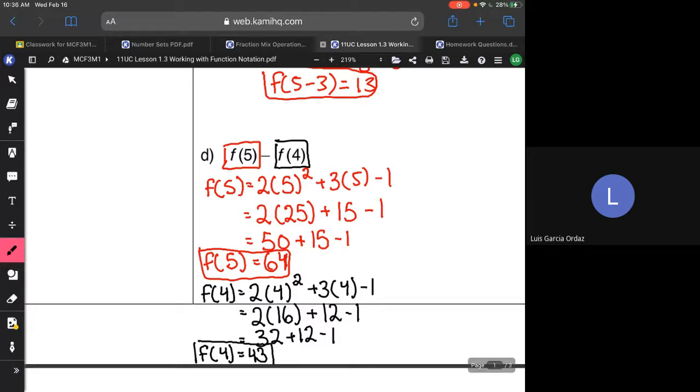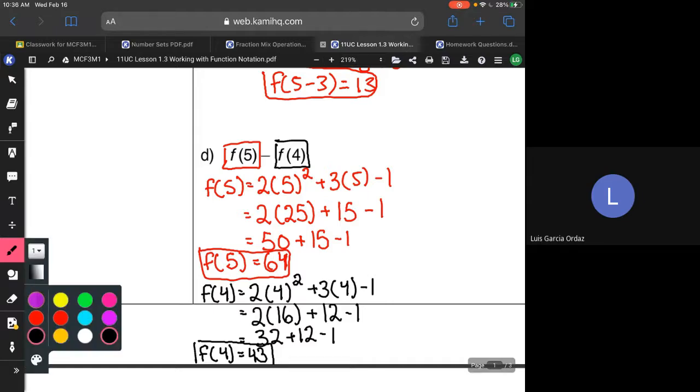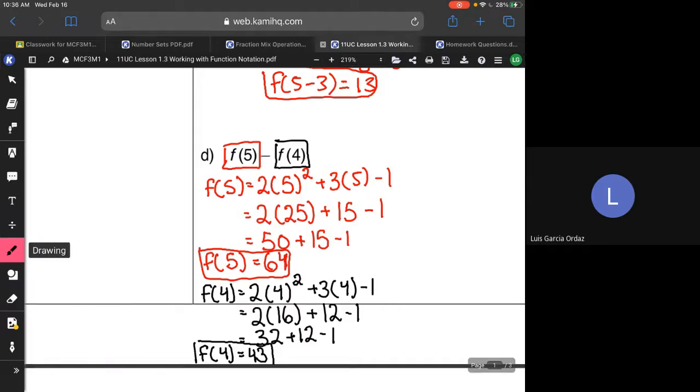Did you make something negative by accident? I thought the 12 was negative. Ah. And then that would have been right too. Yep. So now we have to do technically, 64 minus 43. And who can tell me what f at 5 minus f at 4 gives me?